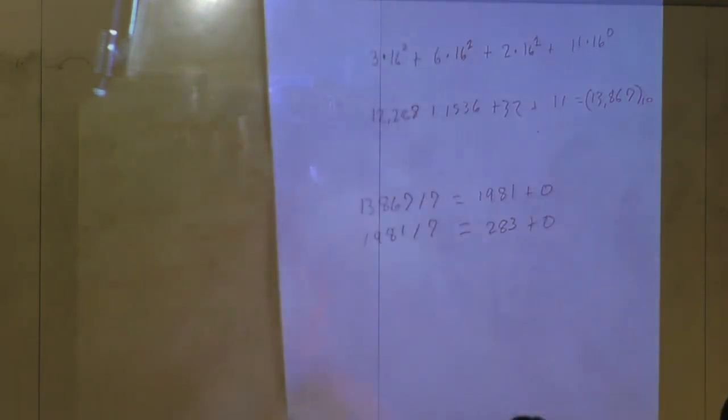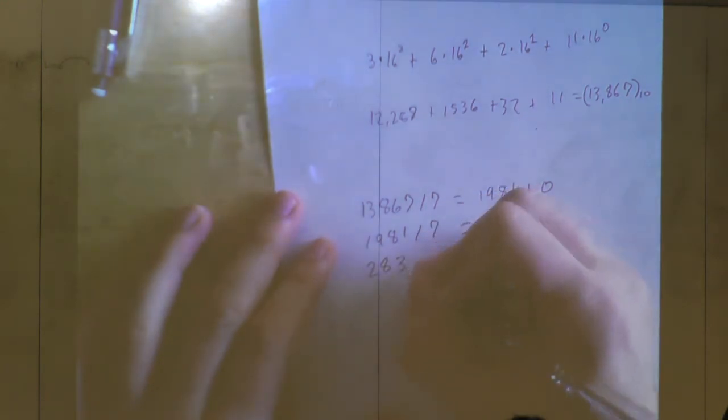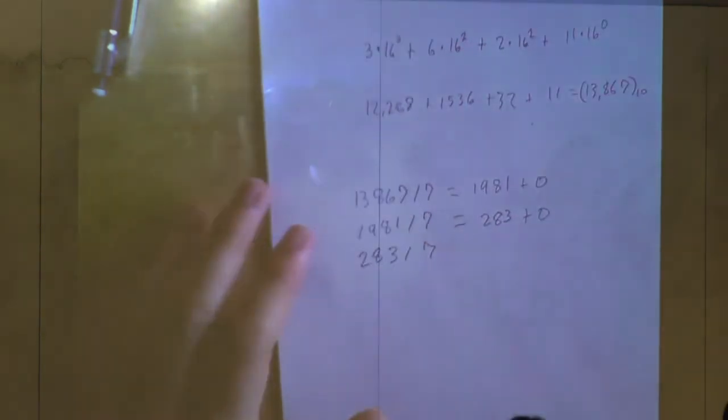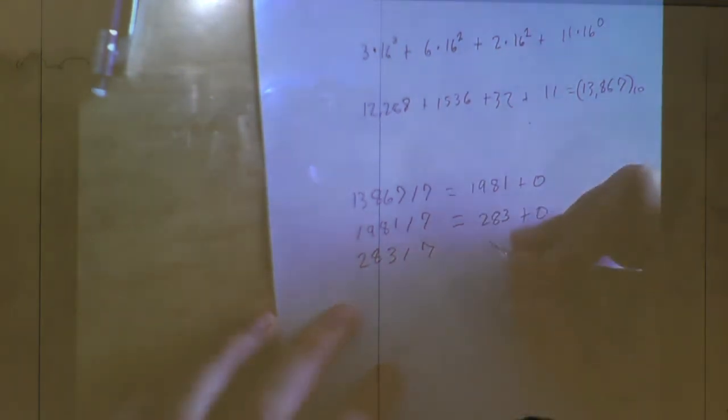Okay, so that doesn't divide evenly. So how do we do this? Okay, so 283 divided by 7. 7 goes in 40 times, that's 280, so it's going to be with a remainder of 3. So it'll be 40 plus 3.